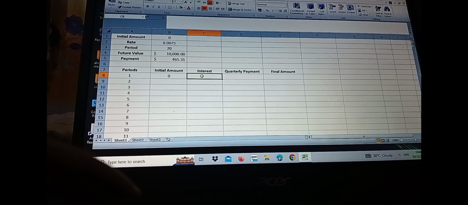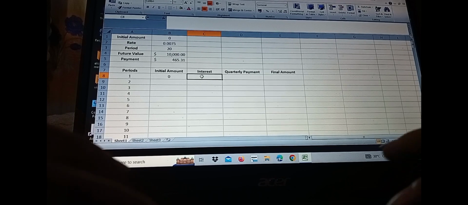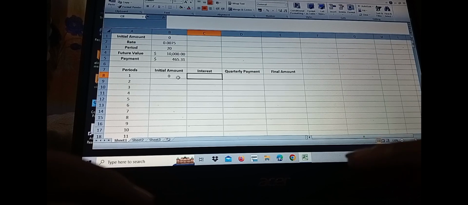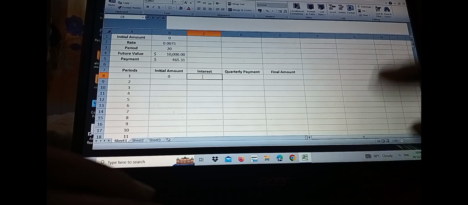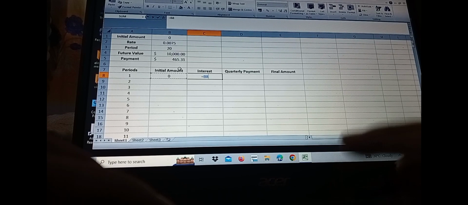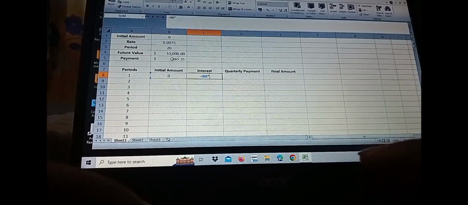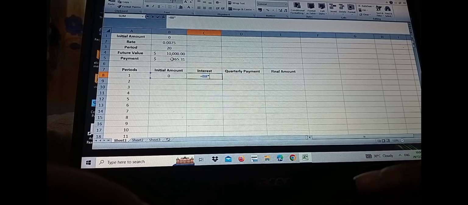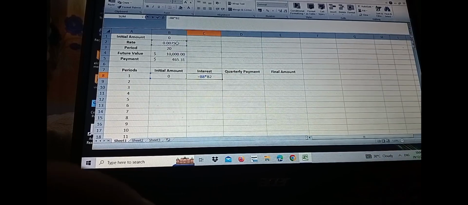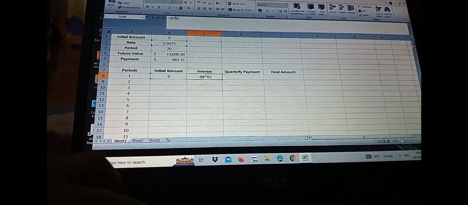Then for the interest, we need to multiply the initial amount and the rate. So we put an equal sign and then click the initial amount, then put a multiplication sign and then the rate, and then put a dollar sign before and after the rate.